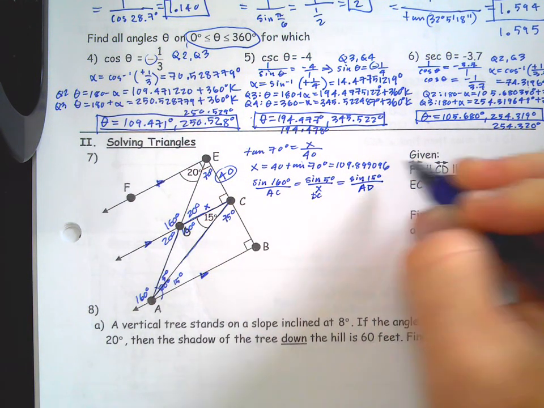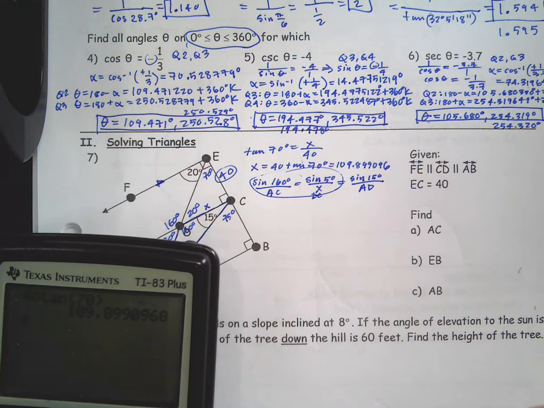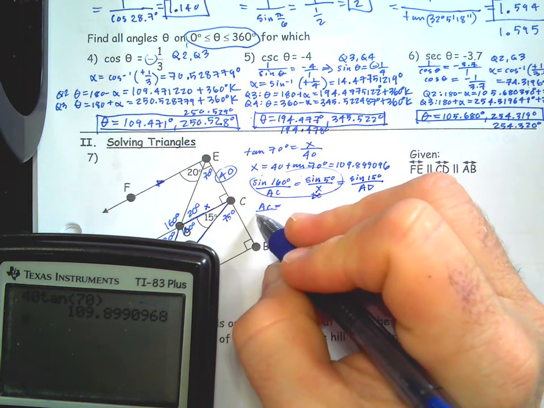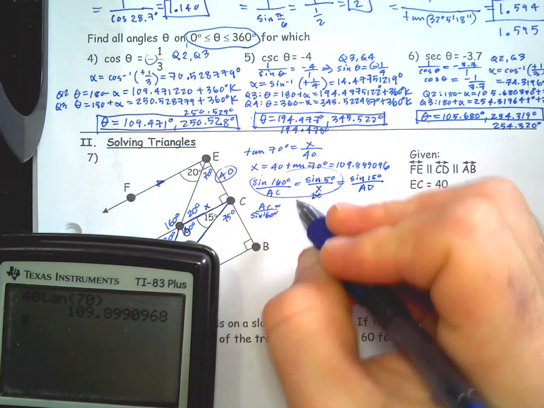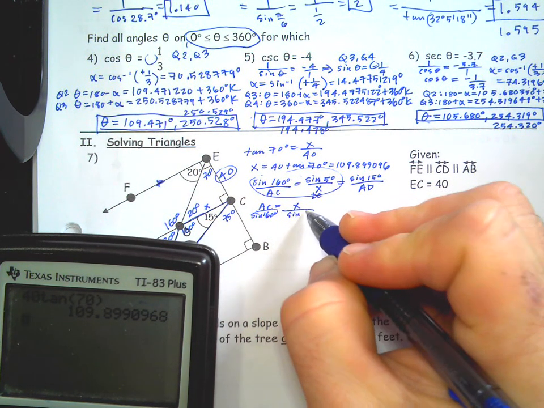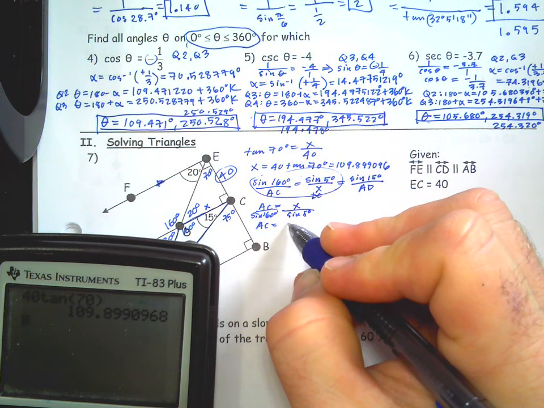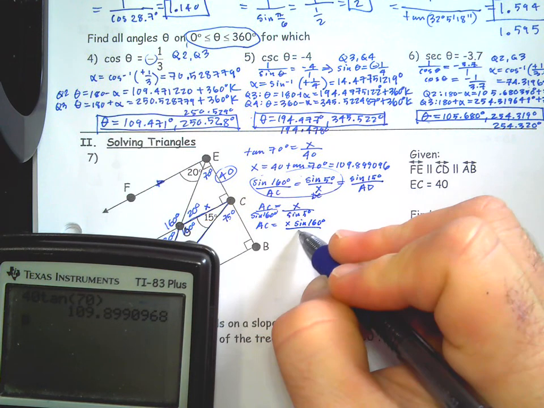Now, I'm just going to stick with these right here. So if we're trying to find AC, we could flip both sides. And then we could solve for AC. So AC equals x times sine of 160 over sine of 5 degrees.